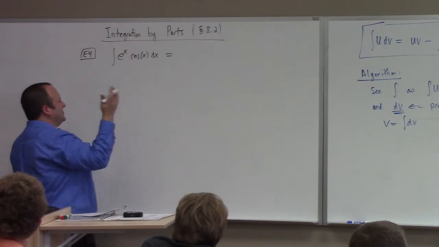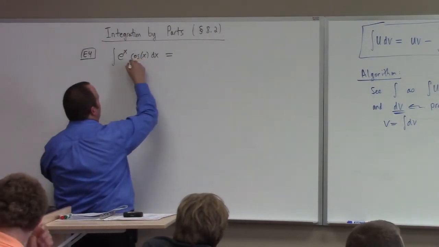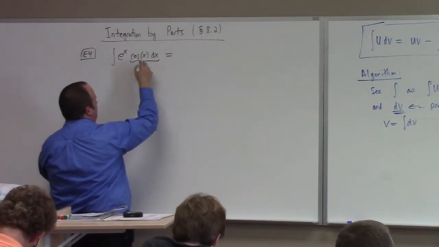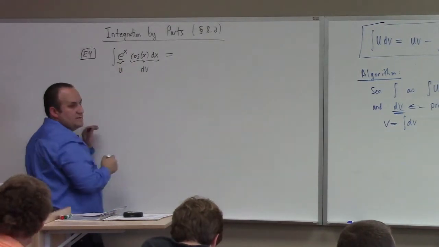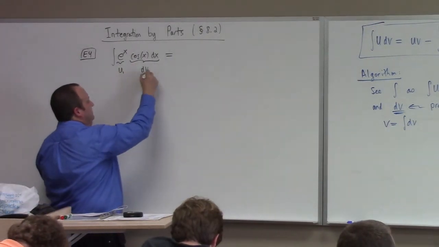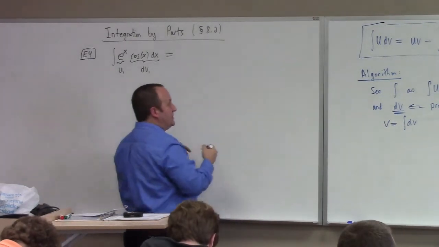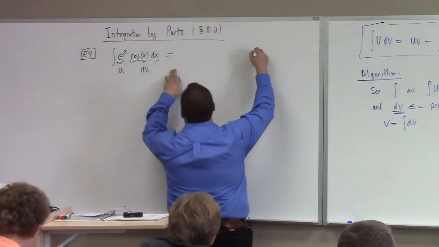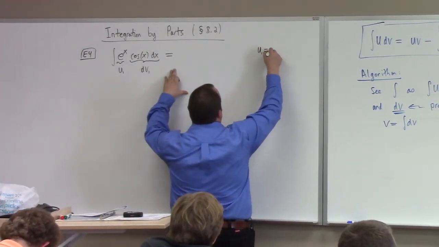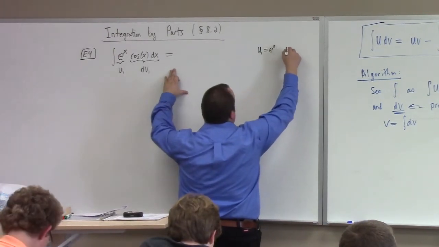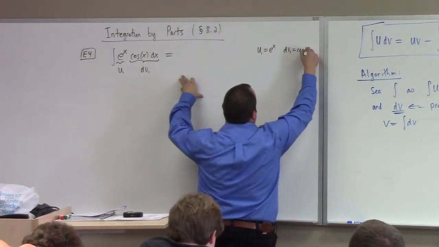So, I don't know, there's different choices here, but I'll make this dv, and I'll make that u. I'm going to put a 1 on them, because I know where I'm going. So u1 is e to the x, dv1 is cosine x dx, all right?